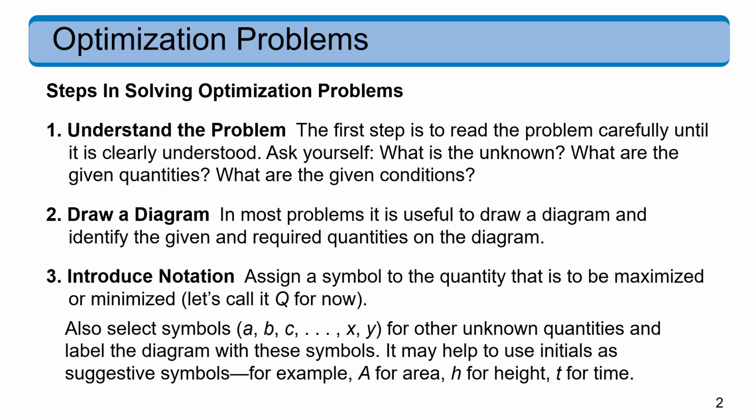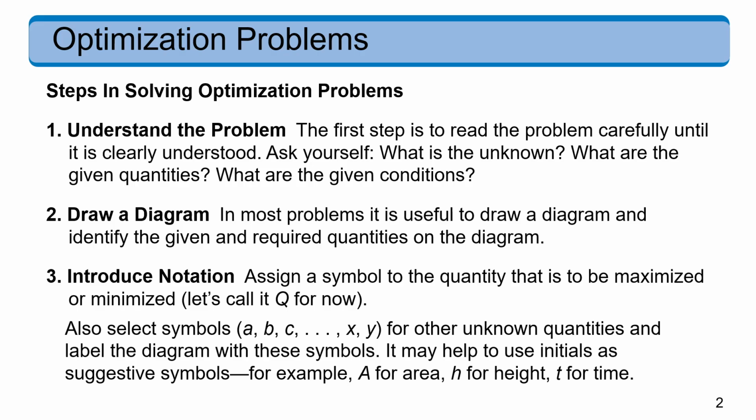As you're doing step two, step three might sort of overlap with step two: introducing notation. If we're going to use math to solve this problem, we have to have variable names representing different aspects of the problem so we can use them in our equations. So you'll need to assign a name to the quantity that you're optimizing. Usually you'll select it based on what it represents.